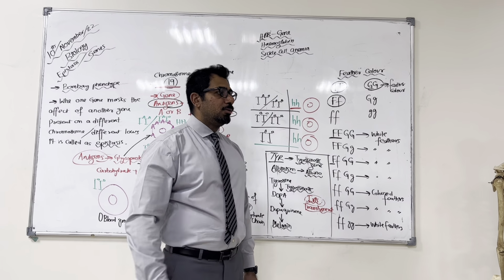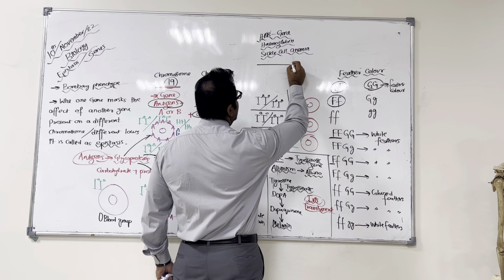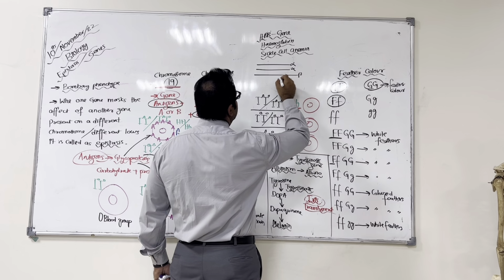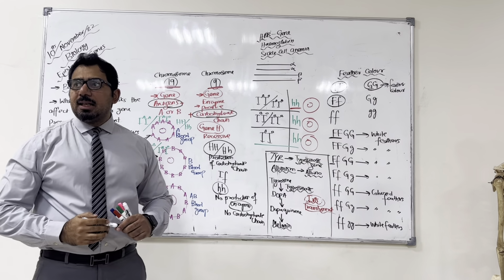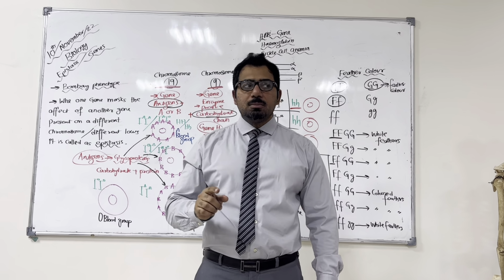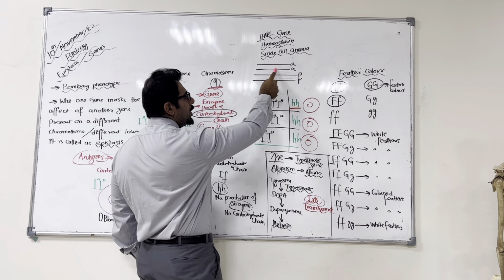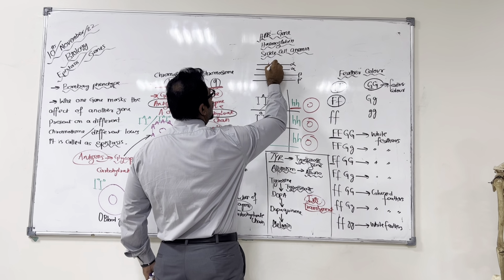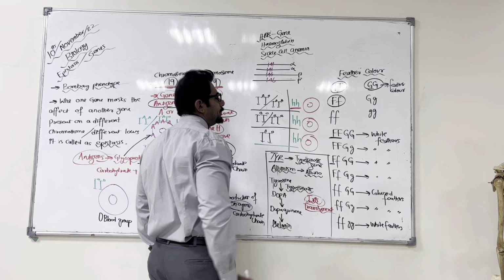Four polypeptides: 2 alpha and 2 beta. If you see, the line for the beta I drew a bit longer. Why? Because they have more amino acids. There are 141, 141, 146, 146.